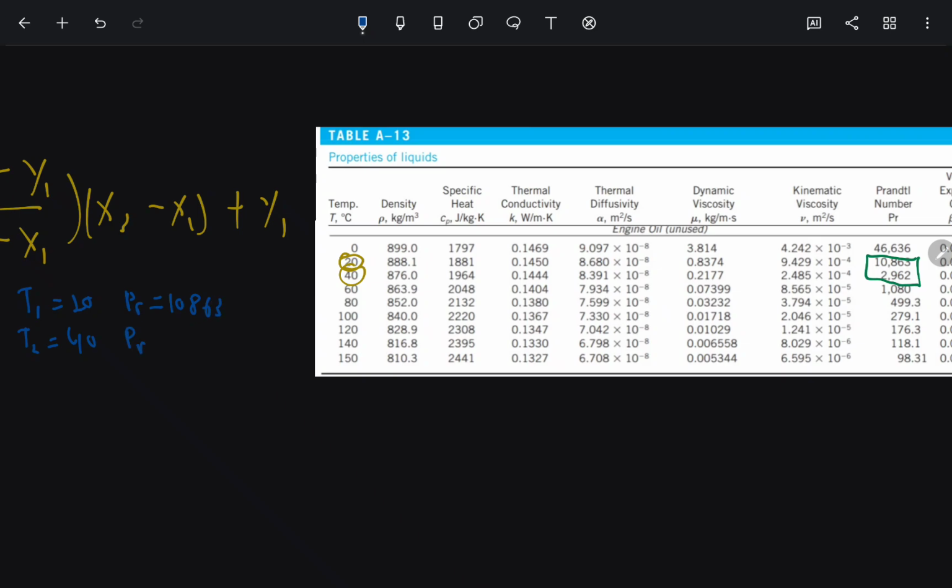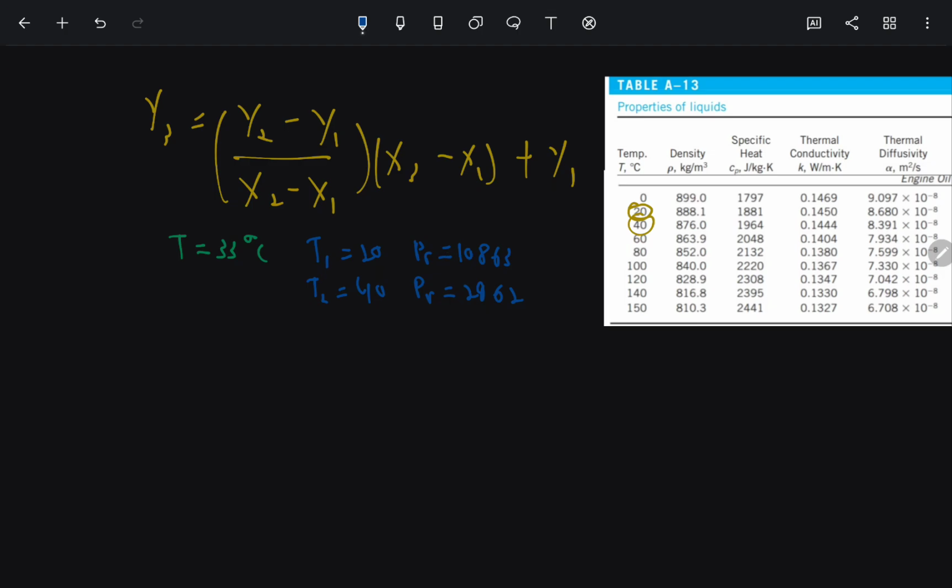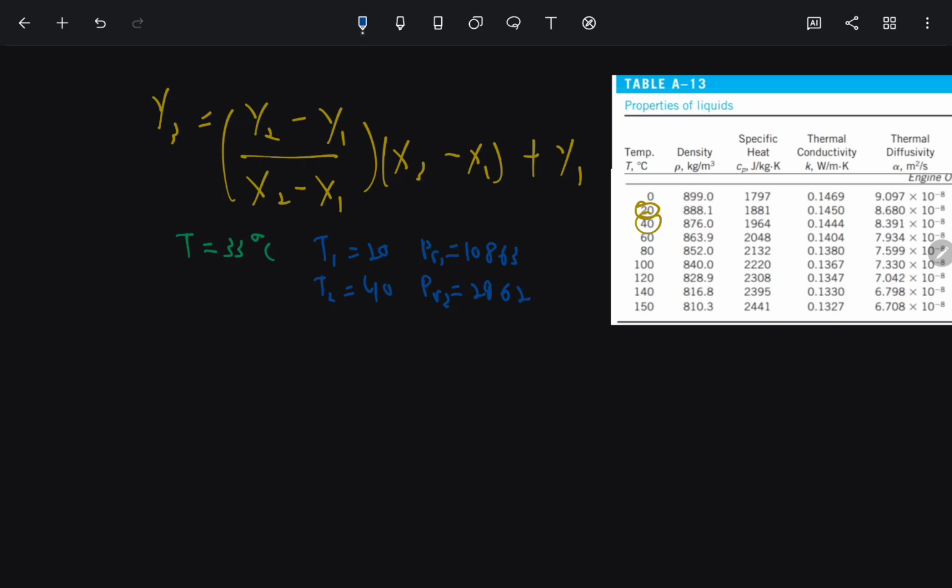The Prandtl number associated with 40 is 2962. So this is PR1, PR2. Now we can just substitute numbers into this formula. So we have Y3, and in this case, Y is our Prandtl number.